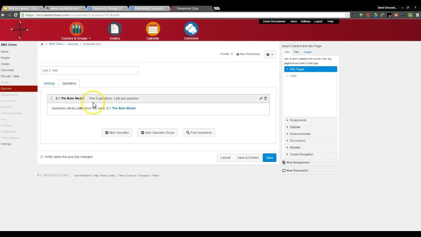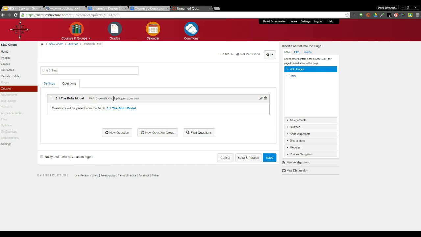Now when students take this quiz, they're going to have 5 questions pop up randomly from that question bank, and it'll be different every single time, and it'll give them 1 point per question. So what that means is that my quiz will automatically assess my students on their understanding of 3.1.